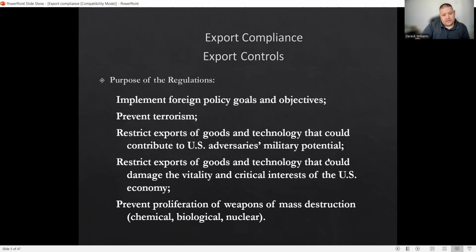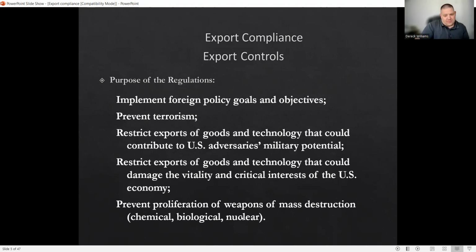We kind of touched on that. And we want to restrict goods and technology that could damage the vitality and critical interests of the U.S. economy. That can be a lot of things, right? We don't want to give away secrets that are going to take away our ability to be a successful business as the United States.